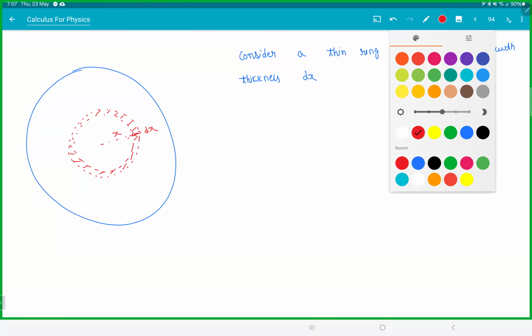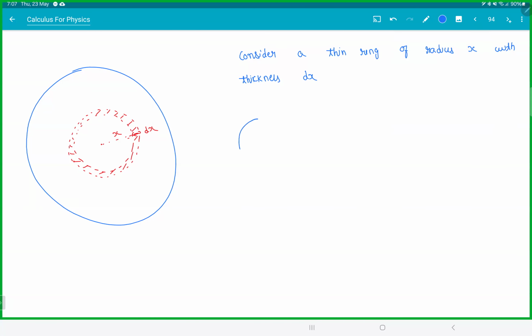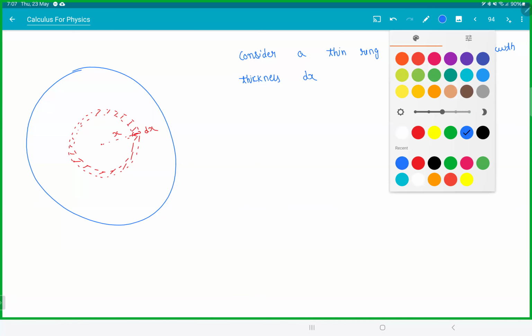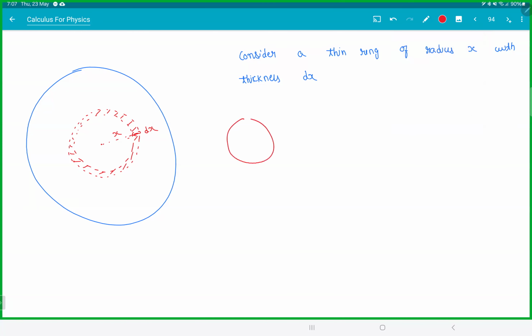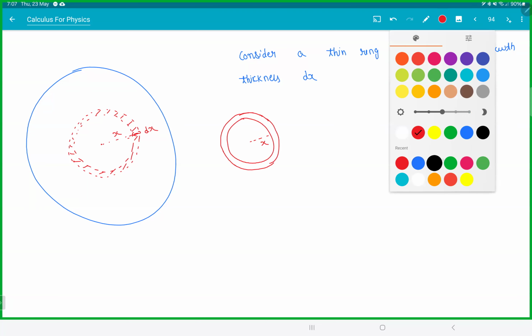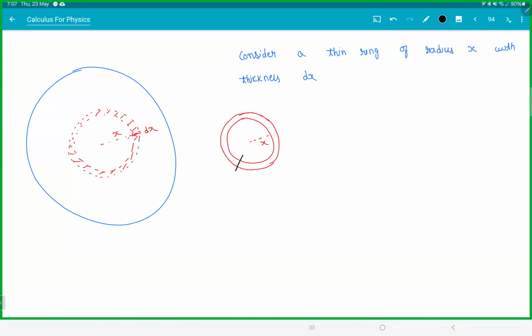Now, if I consider an element here, we got a thin ring with a thin thickness. This is x. Now take a scissor and cut it here and open this. What shape do I get?